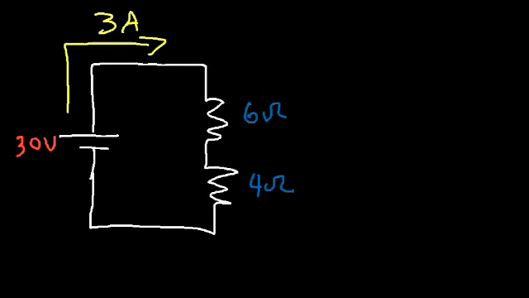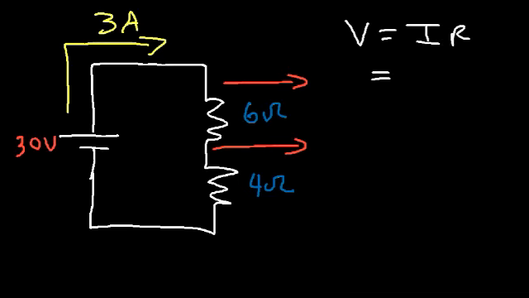Now, what is the voltage drop across each resistor? So let's start with the 6 ohm resistor. What is the voltage across it? So we have 3 amps of current flowing through the 6 ohm resistor. To find the voltage across it, use Ohm's law, V equals IR. So 3 amps times 6 ohms gives us a potential difference of 18 volts.